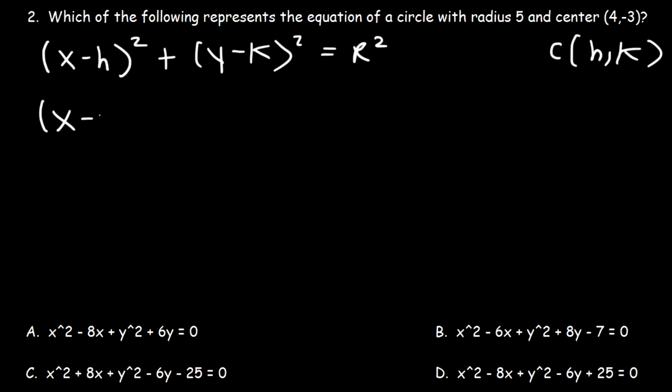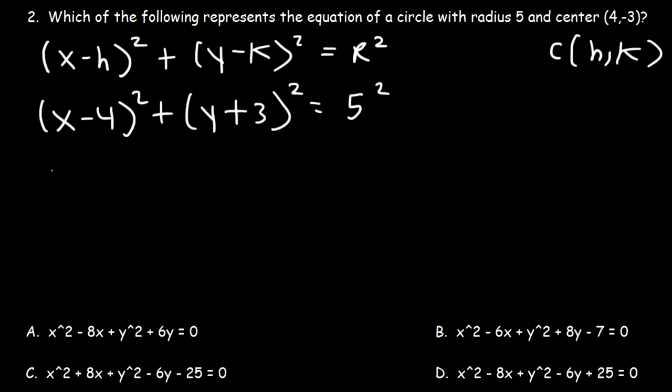So h is equal to 4, and k is negative 3. So y minus negative 3 is the same as y plus 3. r is 5. So right now we have the equation in standard form, but we need to expand x minus 4 squared and y plus 3 squared to get it into the form that we see in the answers.